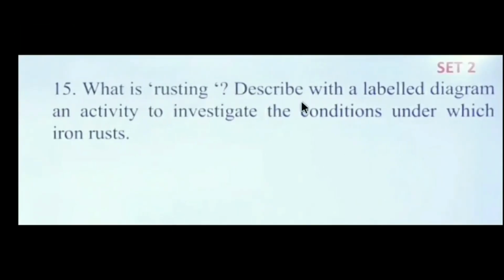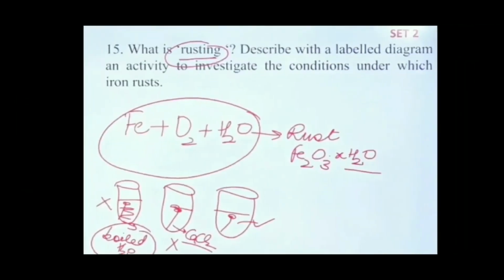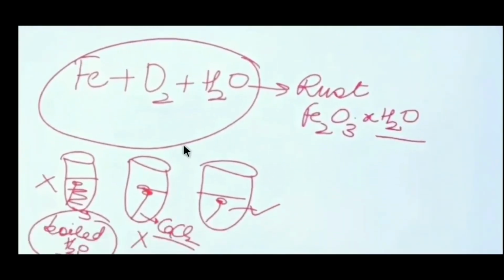क्वेश्चन ऐसा भी था, what is rusting? Describe with a labelled diagram an activity to investigate the conditions under which iron rusts. तो रस्टिंग क्या होता है, तो Fe आयरन जो होता है उसका रस्ट होता है, ऑक्सीजन के साथ और हवा में जो नमी है उसके साथ ये प्रक्रिया करता है, रिएक्शन करता है.